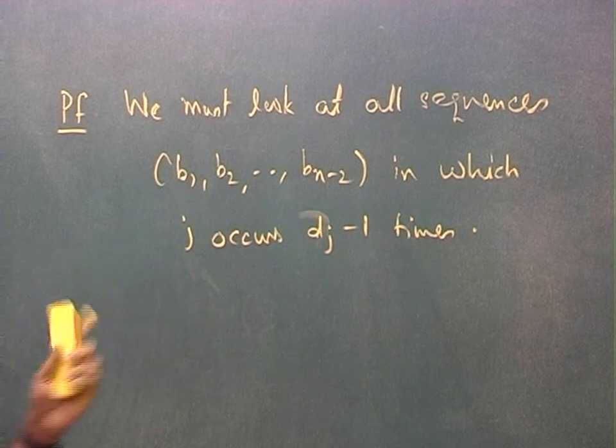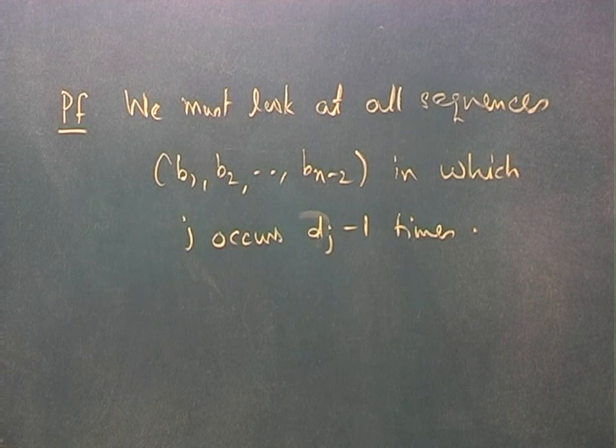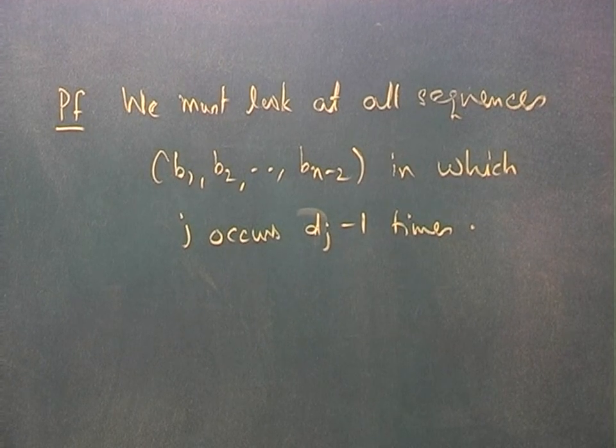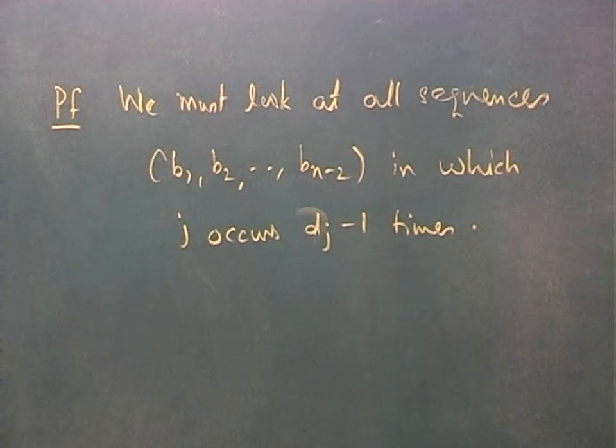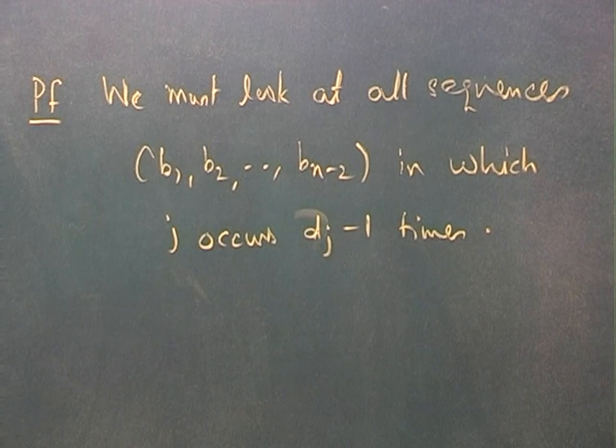If degree of j is dj, then it occurs dj minus 1 times. This is now a question on what is called a multinomial coefficient. It is actually a multinomial coefficient. You have as many as n minus 2 things there.